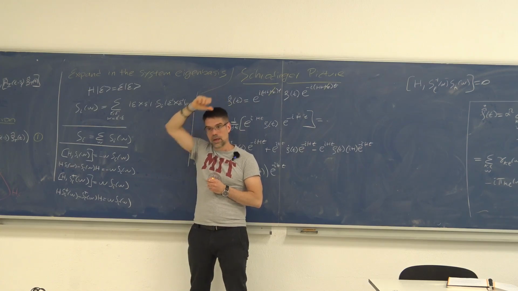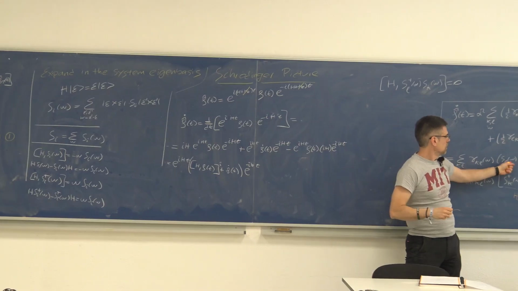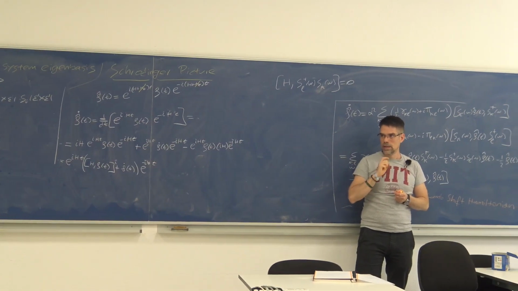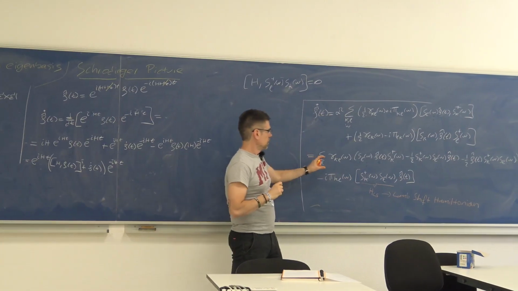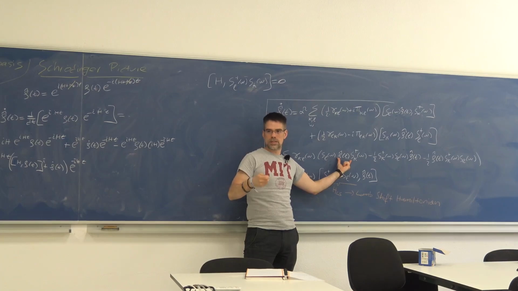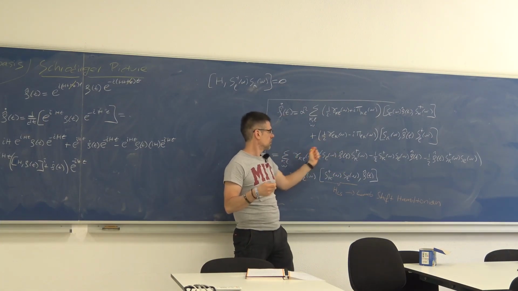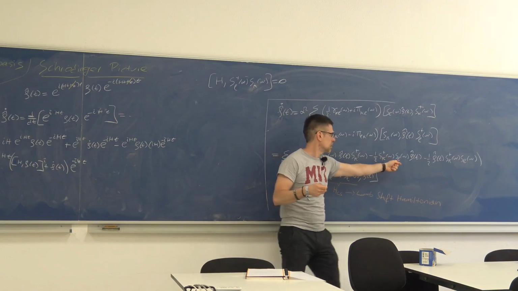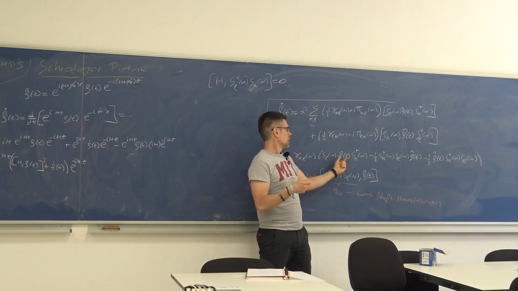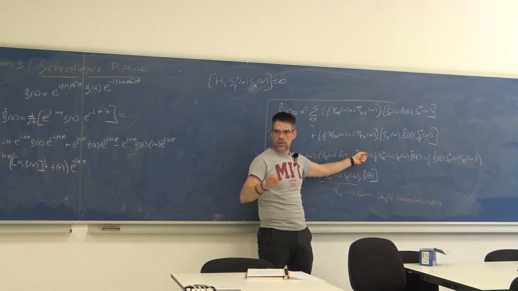Okay? And why do you need this? Because here, you see in this part, all operators come in pairs. Meaning that when you plug in here the exponential of minus iHt, and here the exponential of iHt, you will be able to commute in one direction and in the other very easily, because you have two and they commute. Here you just commute twice, you get a plus omega and a minus omega, and you cancel.